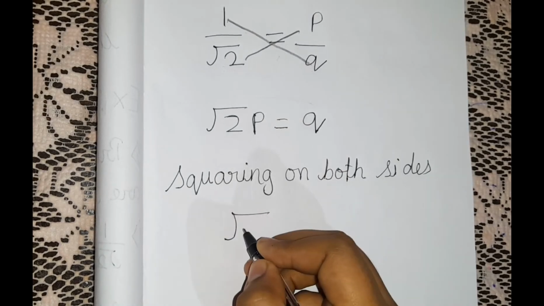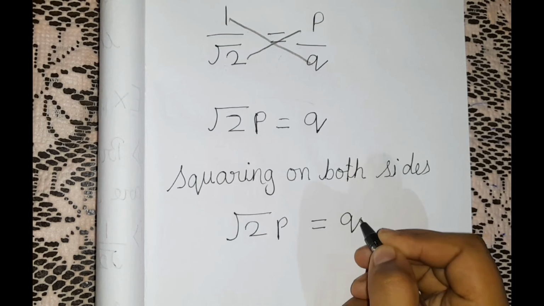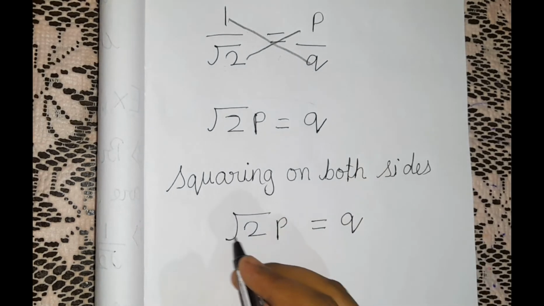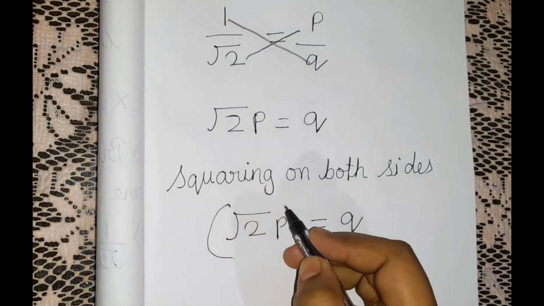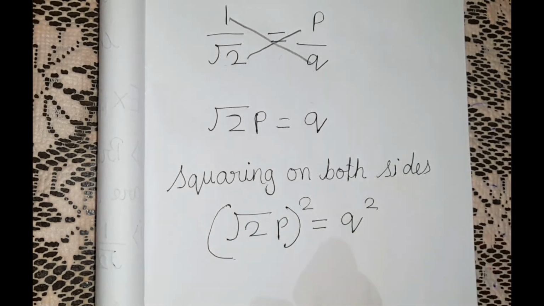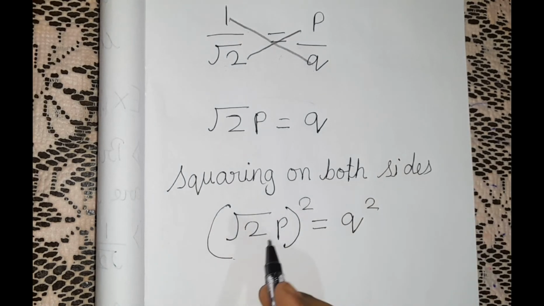So we shall write root 2p is equal to q. Here we should square it. That means we shall write root 2p the whole square, and here it is q square. Why? Because we should square it. So the square belongs to root 2 as well as p.